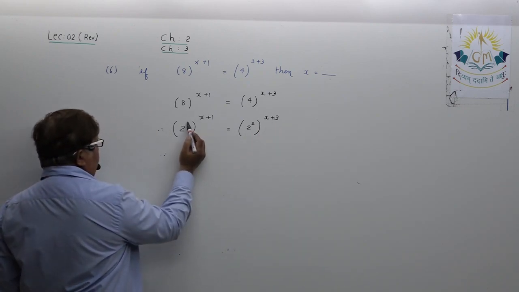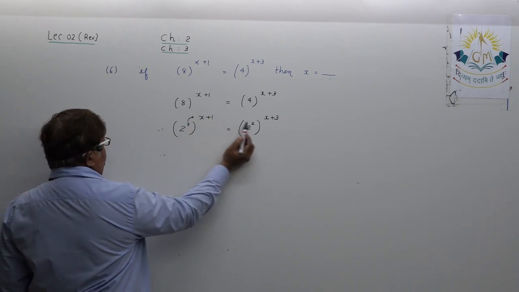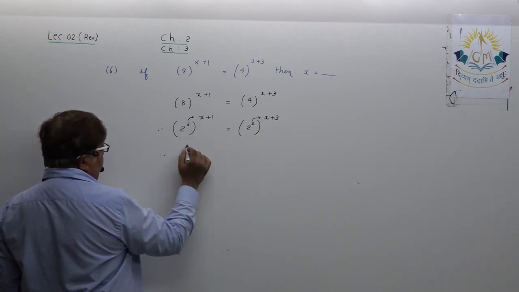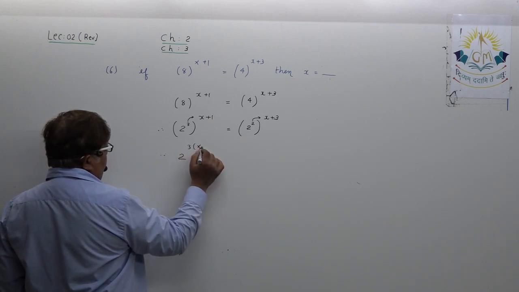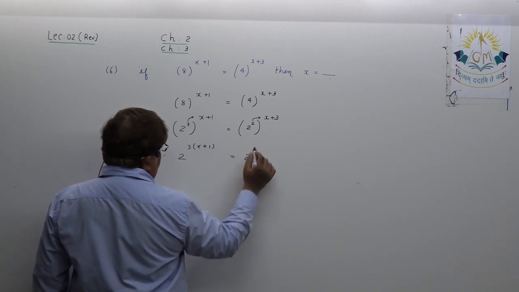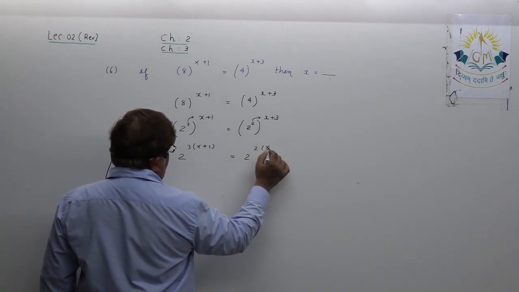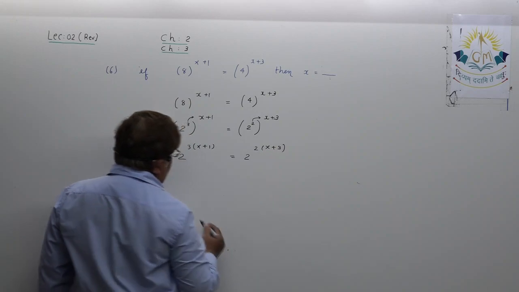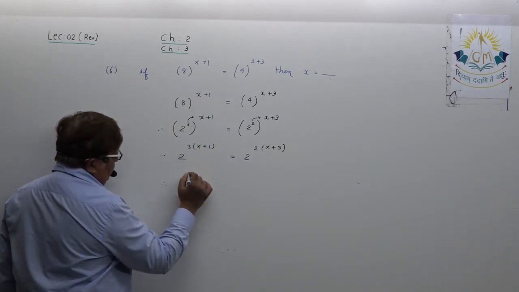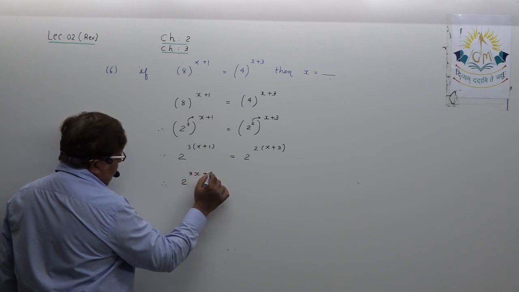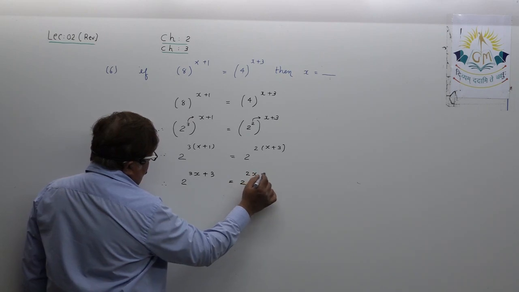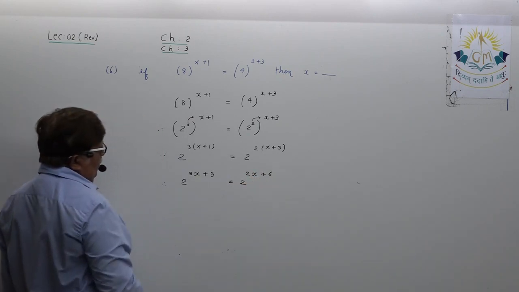And now apply the law of power at both places. So 2 raised to 3 into x plus 1 equals 2 raised to 2 into x plus 3. Now just multiply: 3x plus 3, and 2 raised to 2x plus 6.